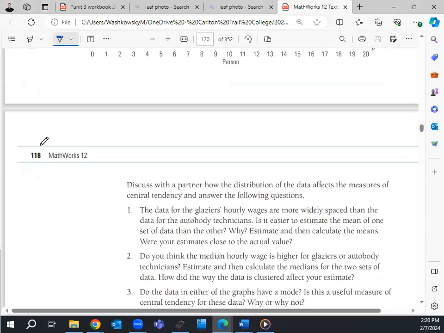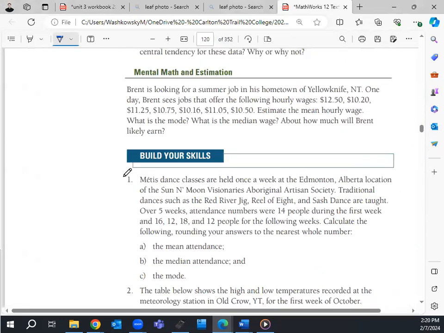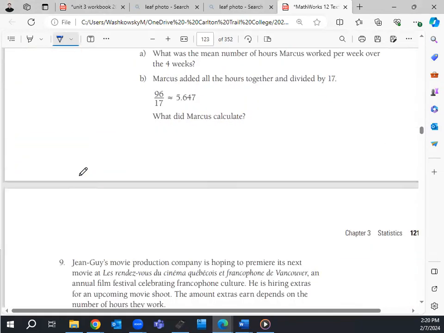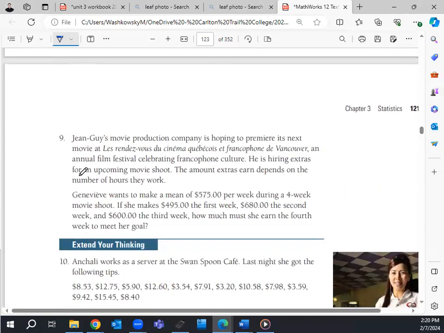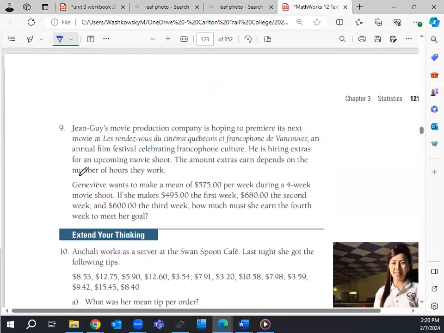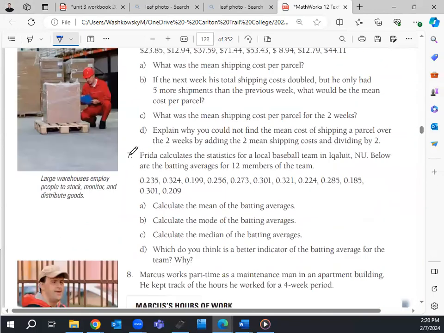So in your textbook, you can go to page 118 and you can start working on some of the questions there. From questions 1 all the way down to question, I think it was question 7, if I recall. We don't know the mode, we don't know the median yet. We'll deal with that.